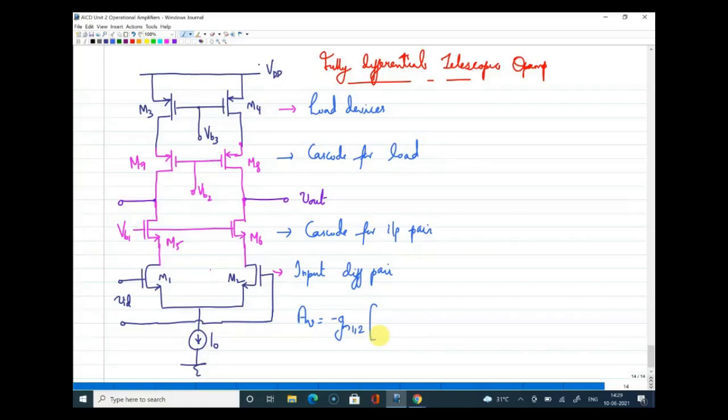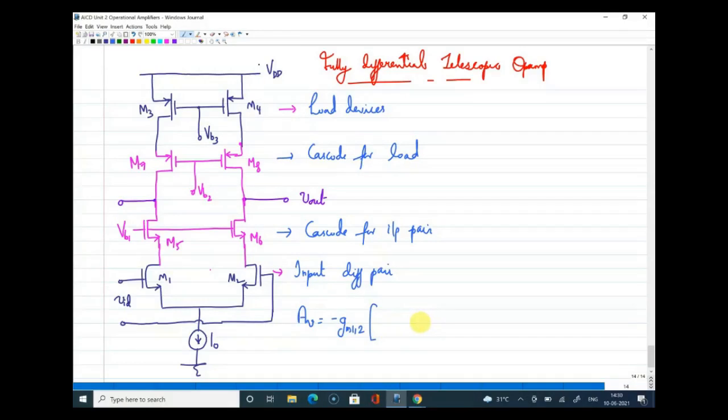Yes, sir. Dhananjay, can you help me in finding the gain of this structure? Tell me what is the gain? GM8, RO8, RO4.